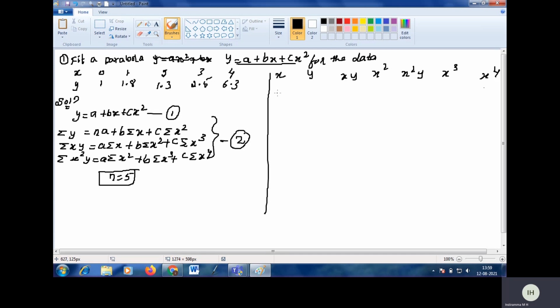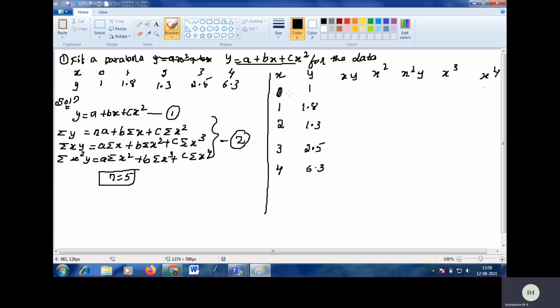The x values given are 0, 1, 2, 3, 4. Corresponding y values are 1, 1.8, 1.3, 2.5 and 6.3.